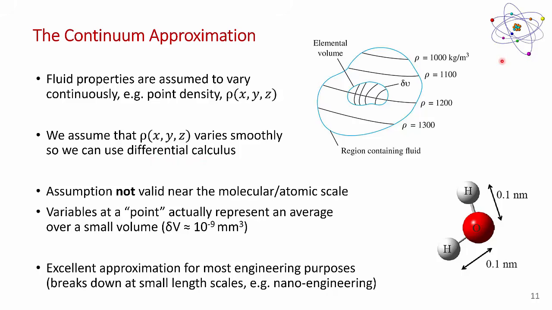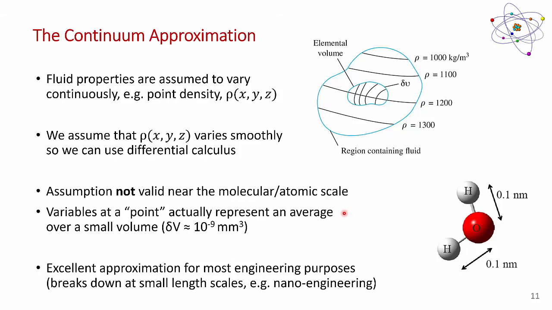However, we know if we look at an atom here, and I've got a bad diagram of an atom up here, that there's a very dense nucleus and some electrons and an electron cloud around the nucleus, and density does not vary continuously between the nucleus and the electron cloud. So we know that if we get down small enough, this assumption is not valid at the molecular or atomic scale.